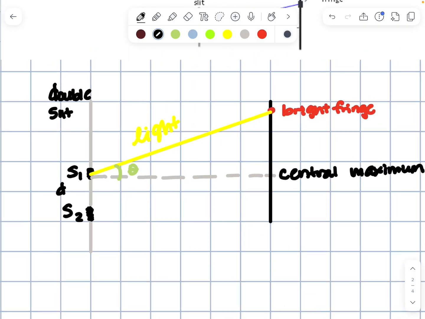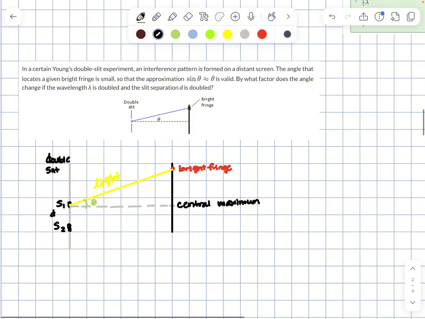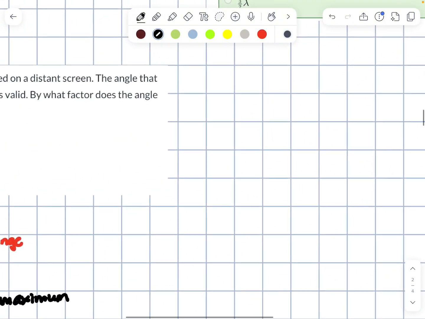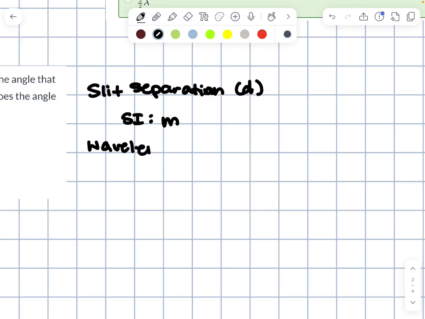Okay. Now that we have this, I'm going to go ahead and define some terms that are going to be helpful to us. So, as always, I'm going to write them here. We have the slit separation, which is represented by that d. And that's the distance between the two slits that are next to each other. And the SI units for this are meters. Then we have wavelength, which we mentioned in the previous problem, lambda here, and those SI units are meters as well.